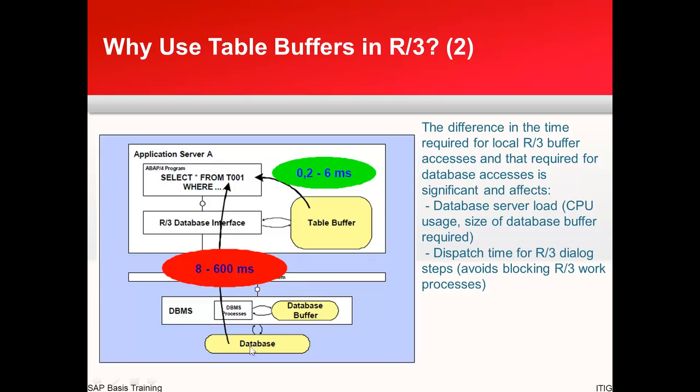But if you go to the database to get those records, it takes about 8 to 600 milliseconds. So here you can see the drastic difference between getting the record from the buffer and from the database. That is the key difference to take note of, and that is the reason why we use table buffers in R3.